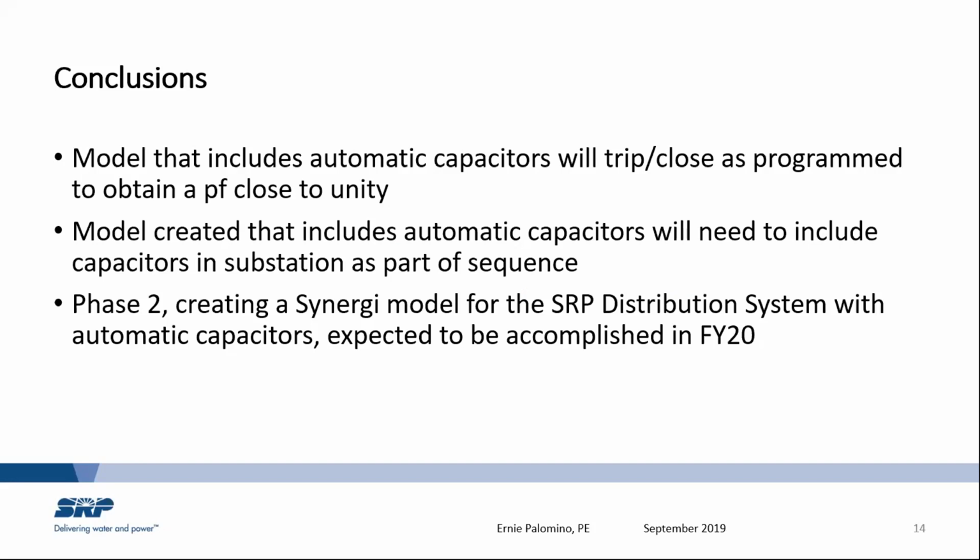It's more, we want to get our model ready, so once we do get those load profiles, we're working with loads here, and hopefully by the end of the year we'll get some load profiles. So once we get our Synergi model ready for us to do 8760, then we put those load profiles in, we'll be able to use it.